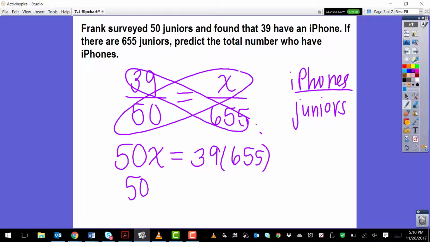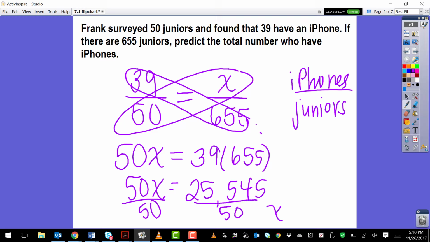You can just type that in your calculator or multiply that in your head. 39 times 655 is 25,545, and then I'm going to divide both sides by 50, and so x is going to be 510.9. Well, you can't have 0.9 of a junior. That doesn't make any sense. You can't have 0.9 of a person. So there's going to be 511 juniors that have an iPhone.